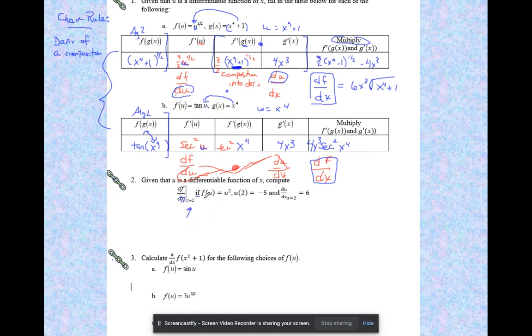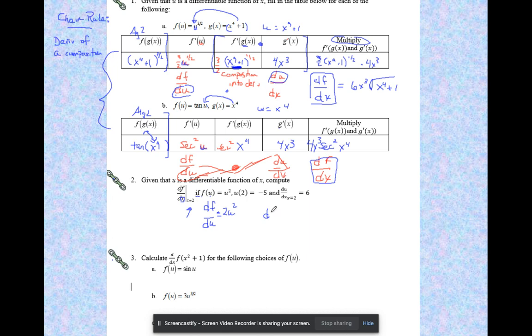But they're telling me that I have f with the function, f with the variable u in it. So I can take the derivative of f with respect to u, and that's 2u squared. Now, if I want df dx, I know what I would like to do is this C the chain, B the chain thing.